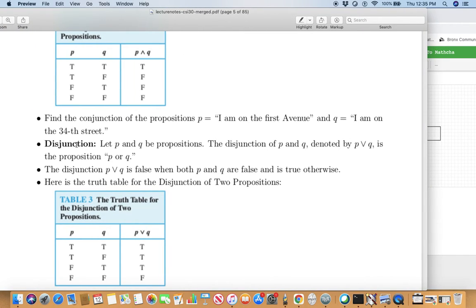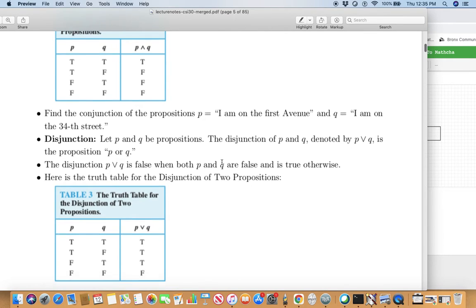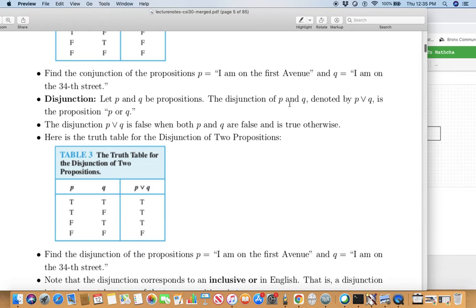The second connective is disjunction. Let P and Q be propositions. The disjunction of P and Q, denoted by P, V, Q. V is for disjunction, upside down V is for conjunction.